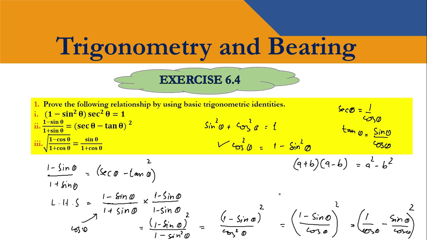And now you can easily see 1 over cos theta is equal to secant theta, and sine theta over cos theta is equal to tan theta, and the whole thing is under the square. So in that way the left hand side is equal to the right hand side. So the second trigonometric identity is proved here.